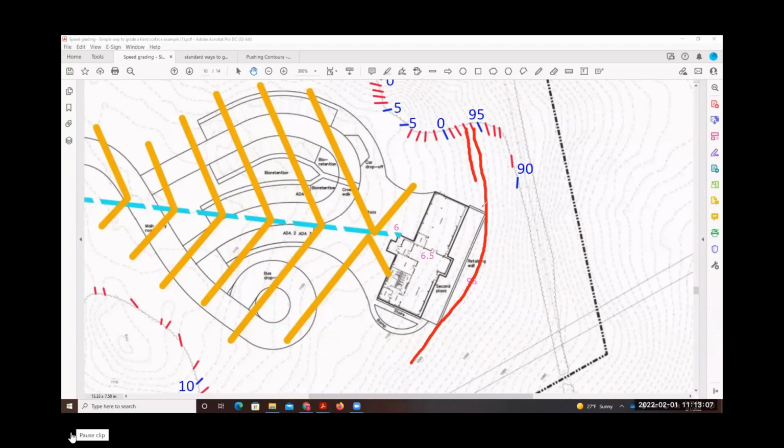And all these other contours are going to come in and hit the side of our building. That's a lot of contours. And even the 6 contour is going to hit the side of the building.